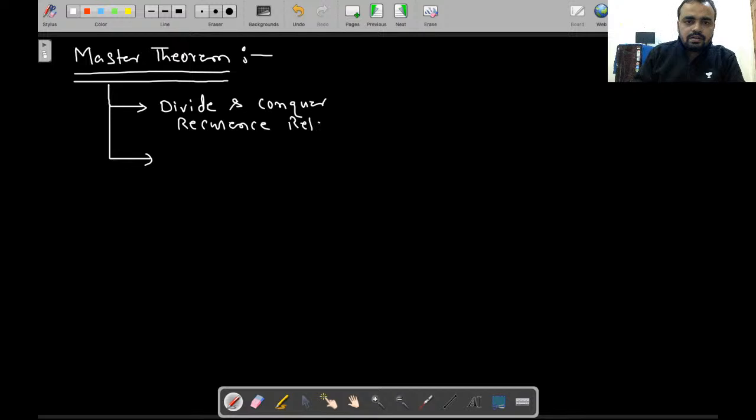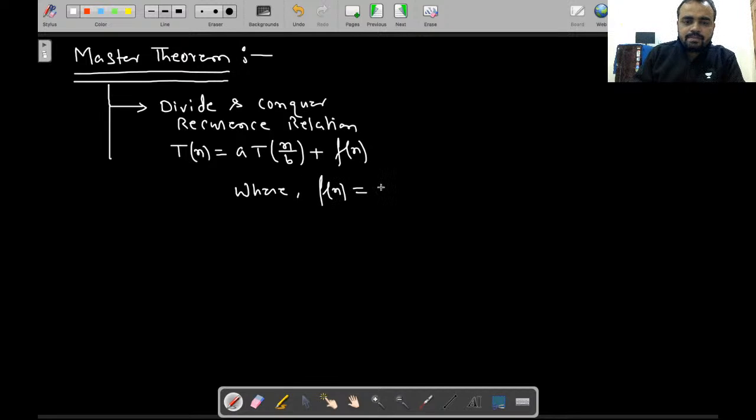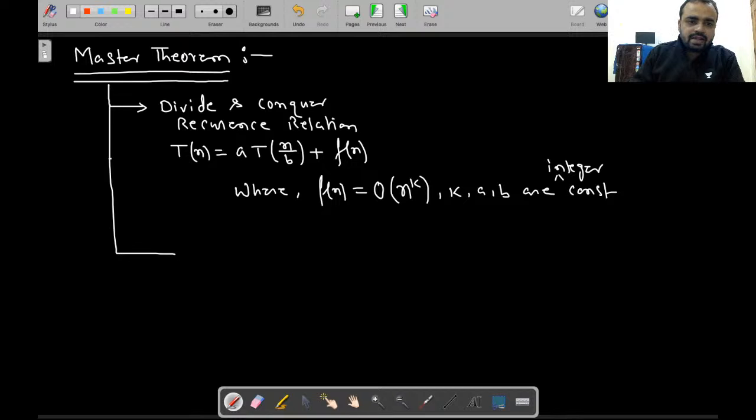Recurrence relation, which we represent in this particular format: T of n is equal to a T of n by b plus f of n, where f of n is represented by order of n to the power k, where k, a, b are constants, or you can say integer constants.